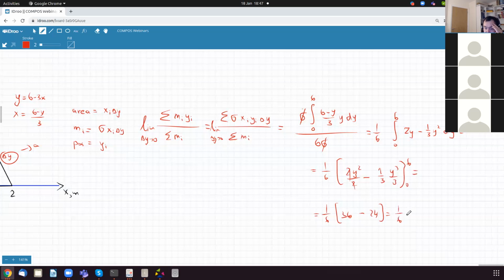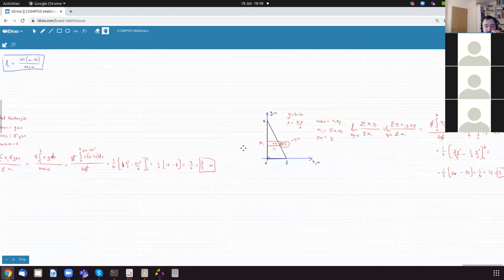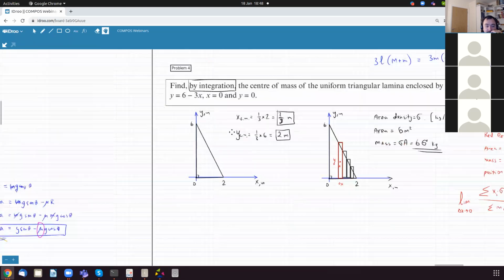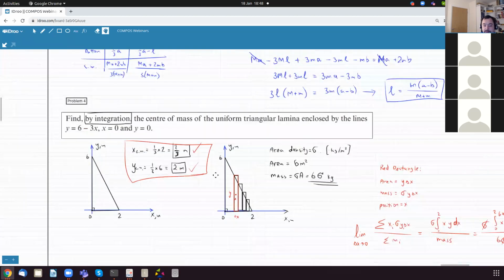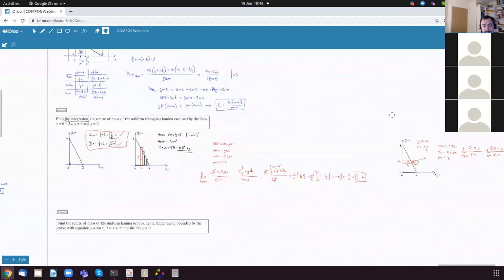So 1/6 multiplied by 12 is 2 meters. But once again, we already knew that. 2 meters. We already found it using the properties of the triangle. The center of mass of a triangle is 1/3 of the way from the base to the opposite vertex.